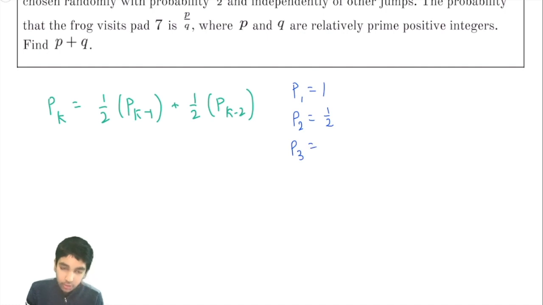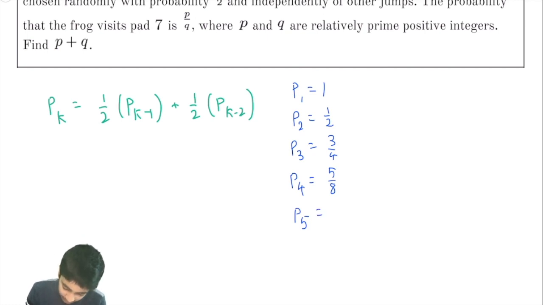And then you see P3 is just 1/2 times 1/2 plus 1/2 times 1, 3/4. P4 is just going to be 3/8 plus 4/8 divided by 2, 3/8 plus 1/4, which is going to be 5/8. P5 will be equal to the sum of 3/4 and 5/8, which is 11/8 divided by 2, so 11/16.